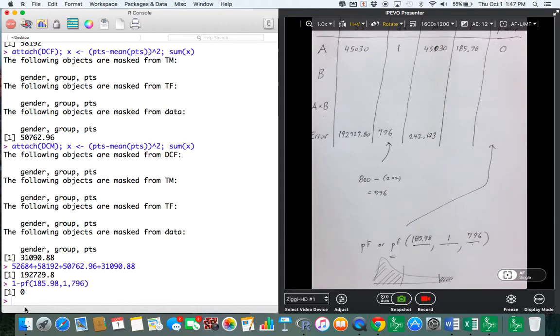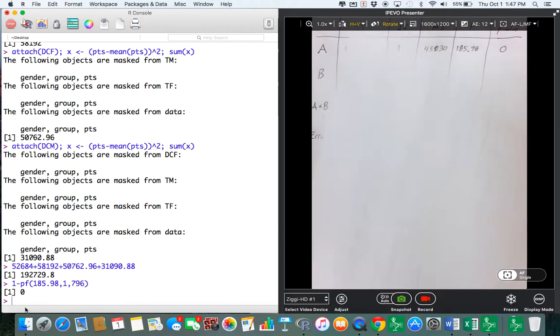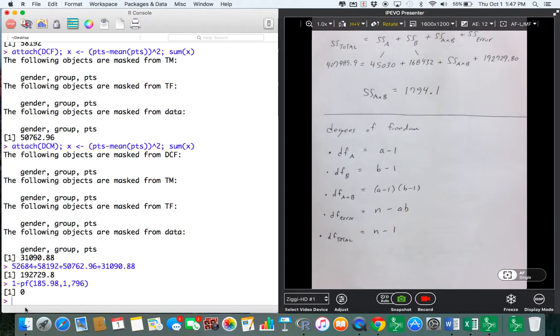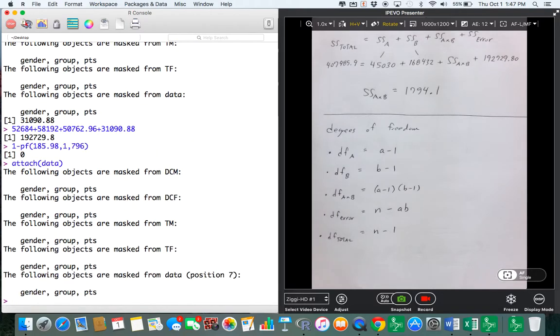So let's again look at our values, and I can come over here on R, and I can create my model. And the way I put in a 2-way ANOVA model in R is I put in my Y, which is points. Oh, guys, hold on, get ready to mess up. I need to come back in and go back to my original data set.